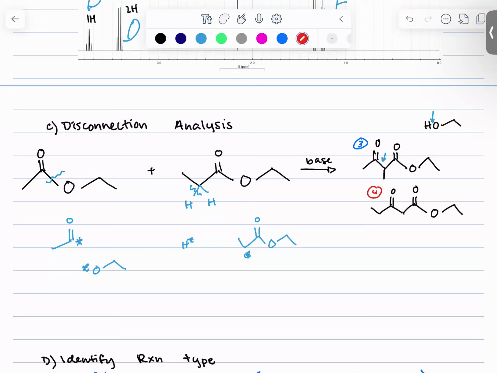For compound 4, we're going to do the same thing, except kind of inverse on the molecules.